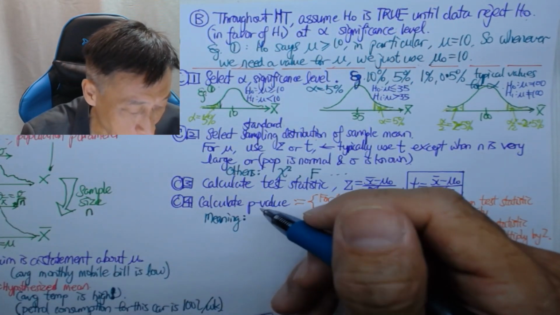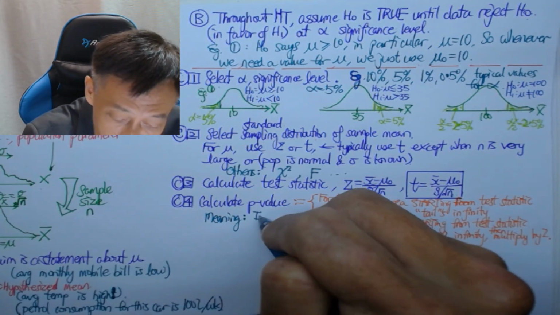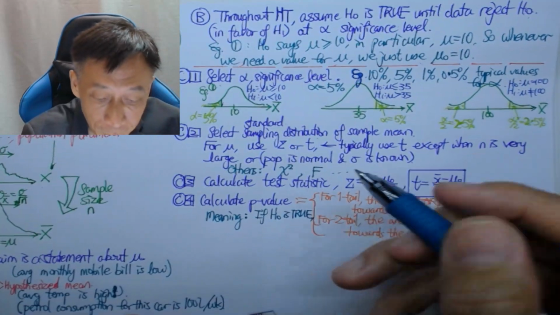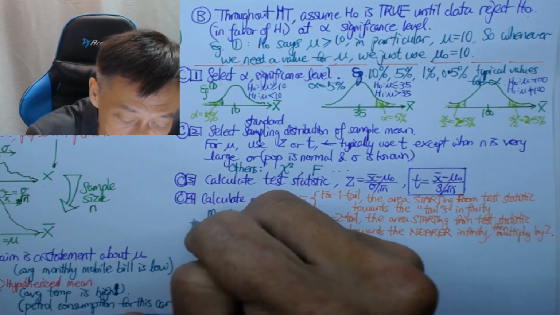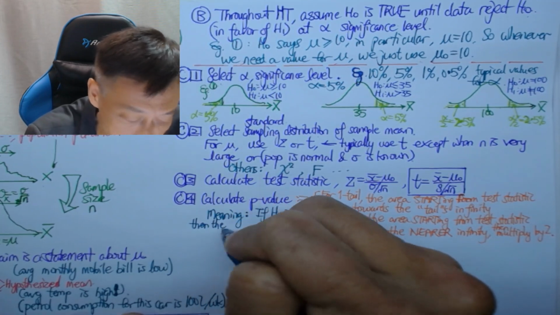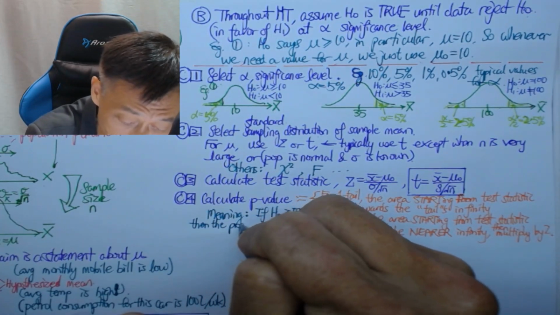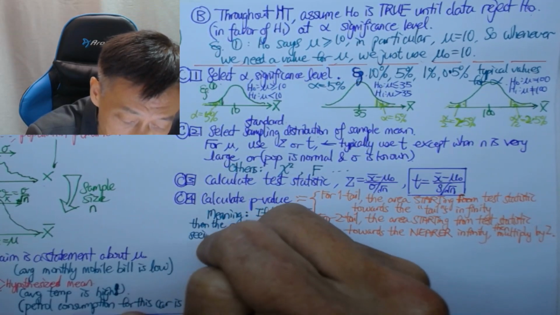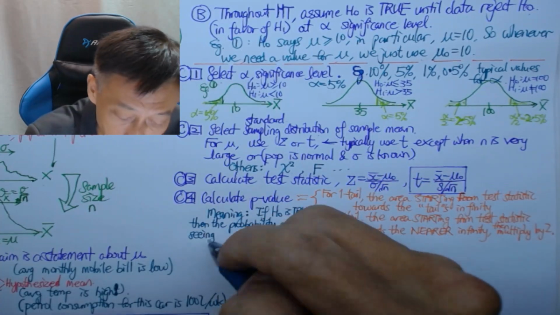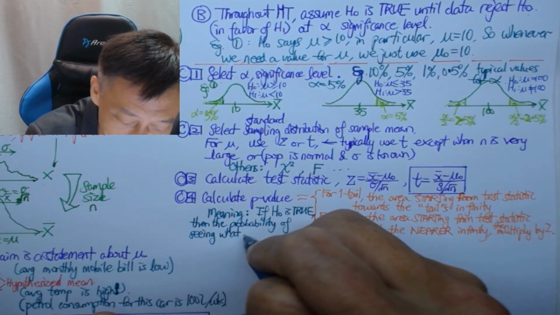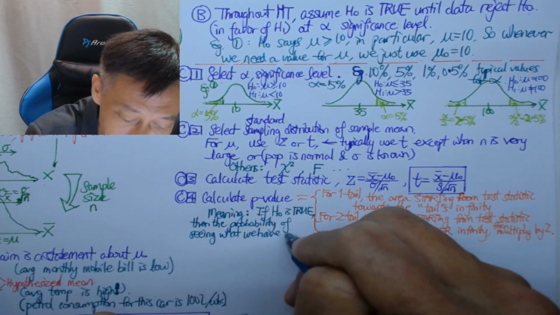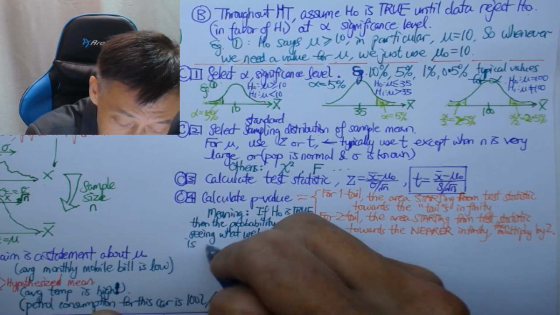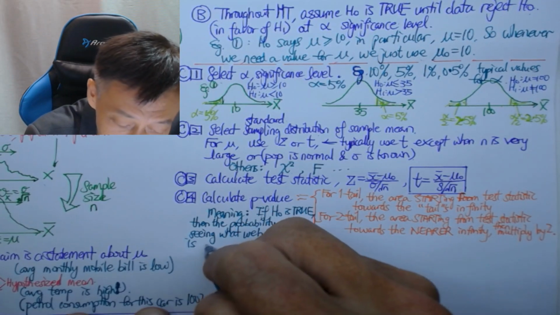So the meaning of p-value is that if H naught is true, then the probability, the chance, of seeing what we have seen, I will explain in a bit, is small, very small.